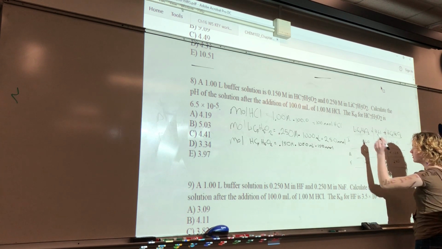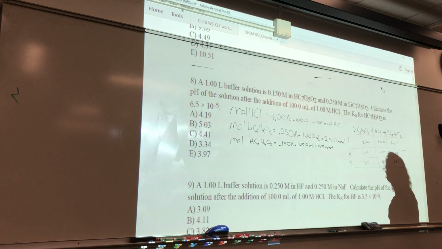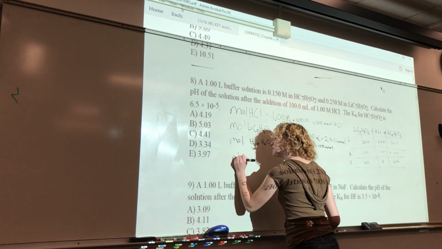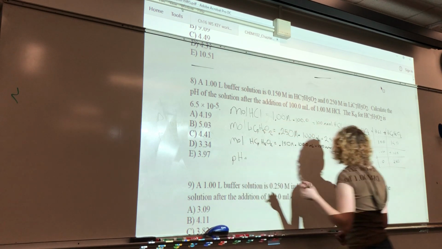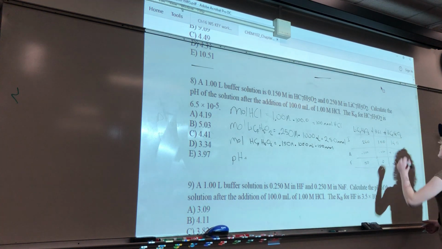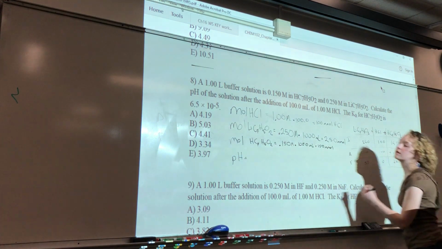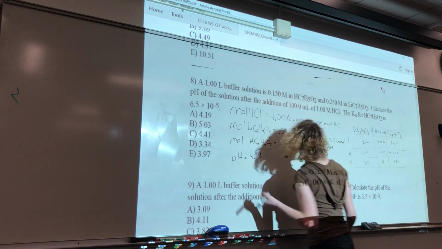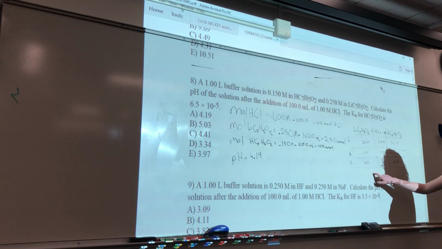These are all in millimoles, and we are looking for the pH. I'll give you your pKa: 4.19. There's one below it that's 4.19. I need this in concentration.